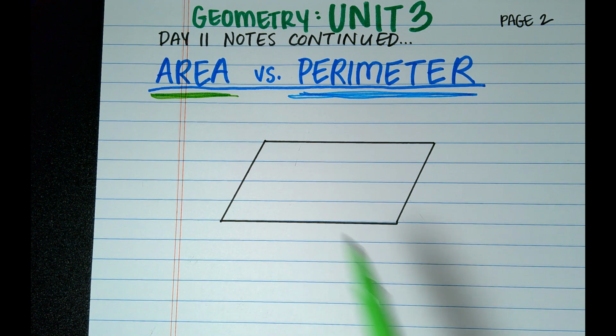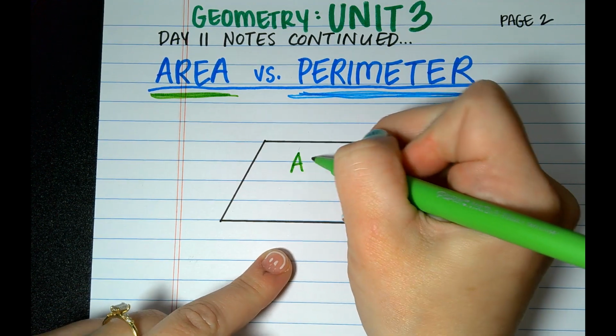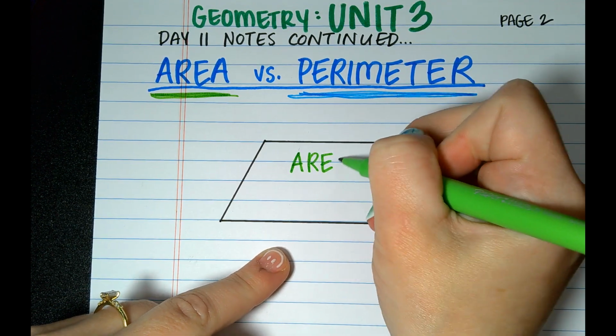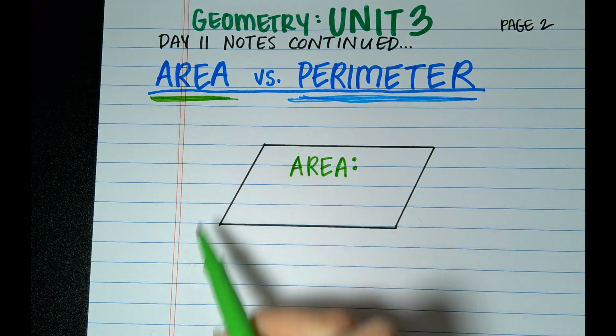So the area of a shape, just like we said, is the space inside of the shape.